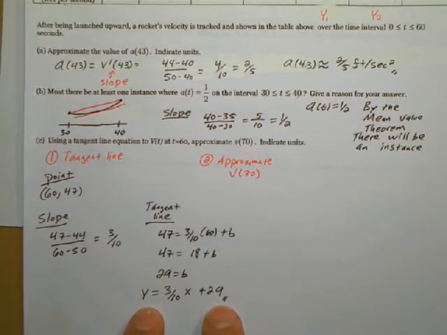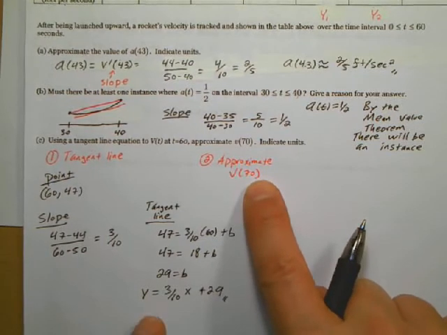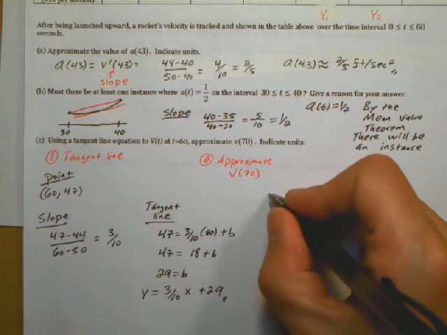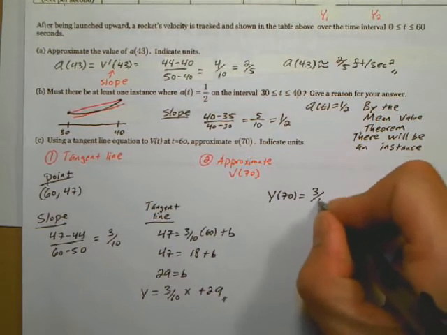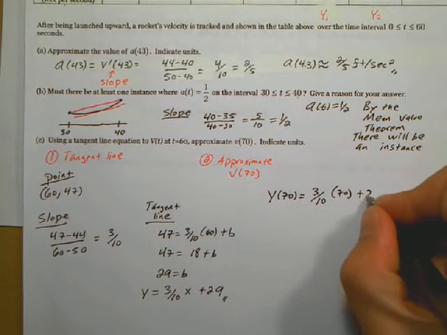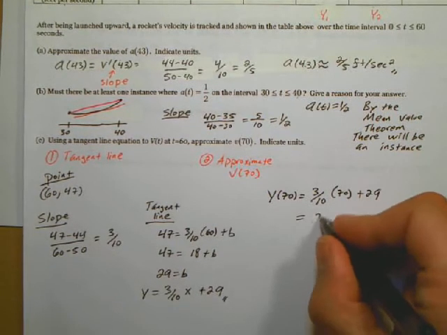I want to use this tangent line now to approximate the velocity at 70. So basically I want to plug in 70 into this. So this is going to be y of 70. It's going to be 3 over 10 times 70 plus 29.